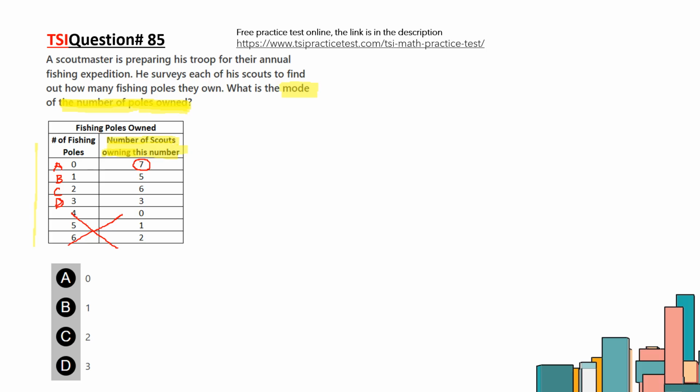Okay, so corresponding to that number is choice A. We have 7 team members or scouts who own 0 poles. They don't have any poles.